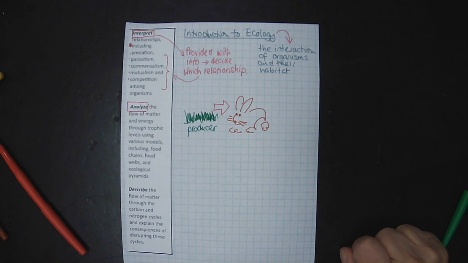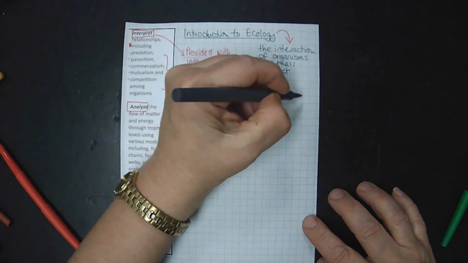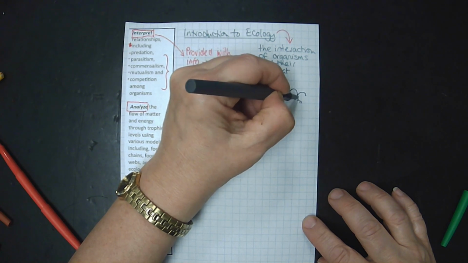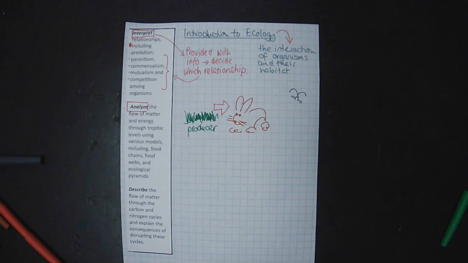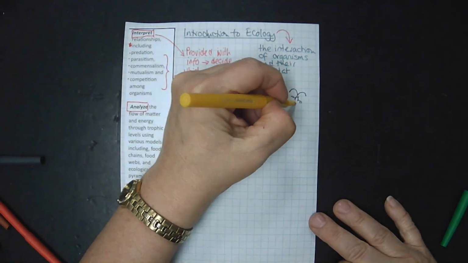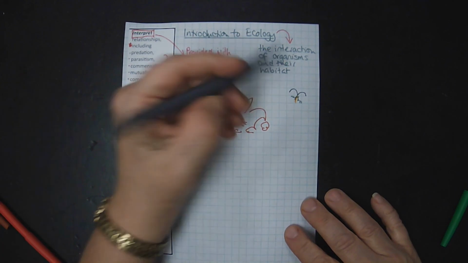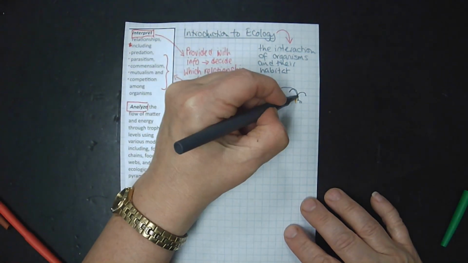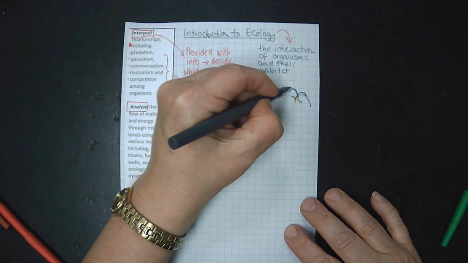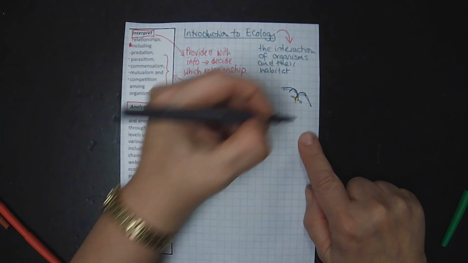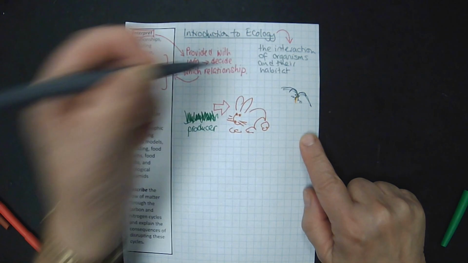Let's say it's, I don't know, a hawk that has a big strong beak and big wings, and it sees that rabbit. It needs its eyes.